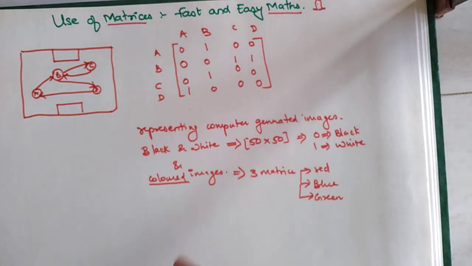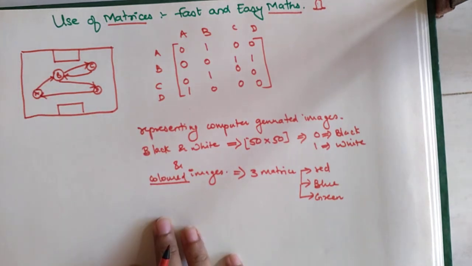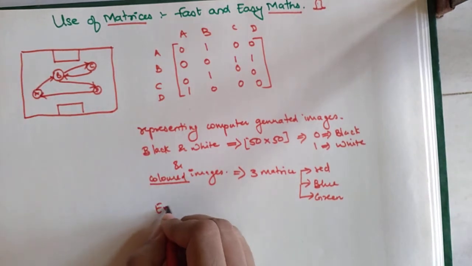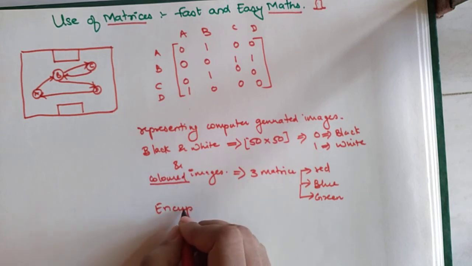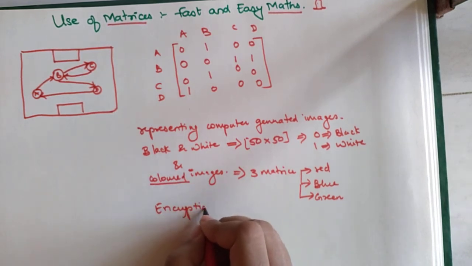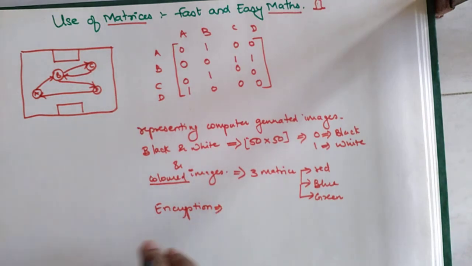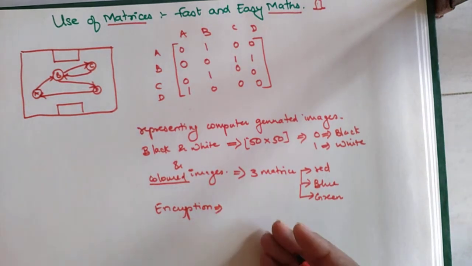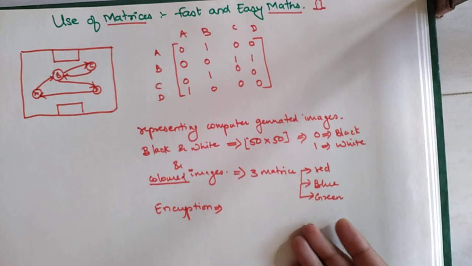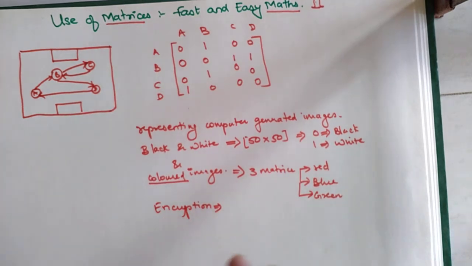Another place where matrices are very well used is the concept of encryption. Since everything is available on the net, and in fact we ourselves are also available most of the time on the net, it is very important to safeguard our personal details.